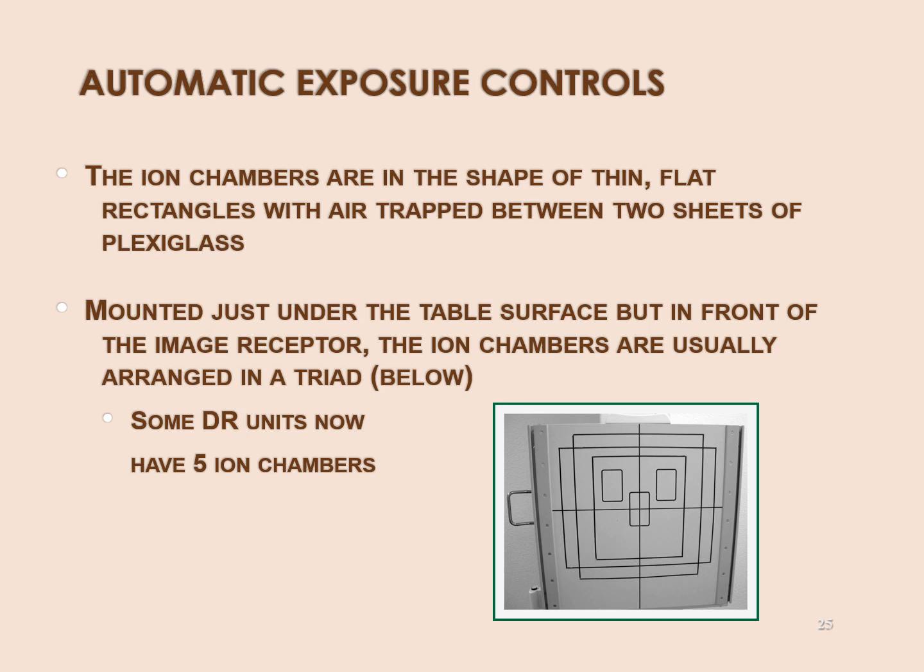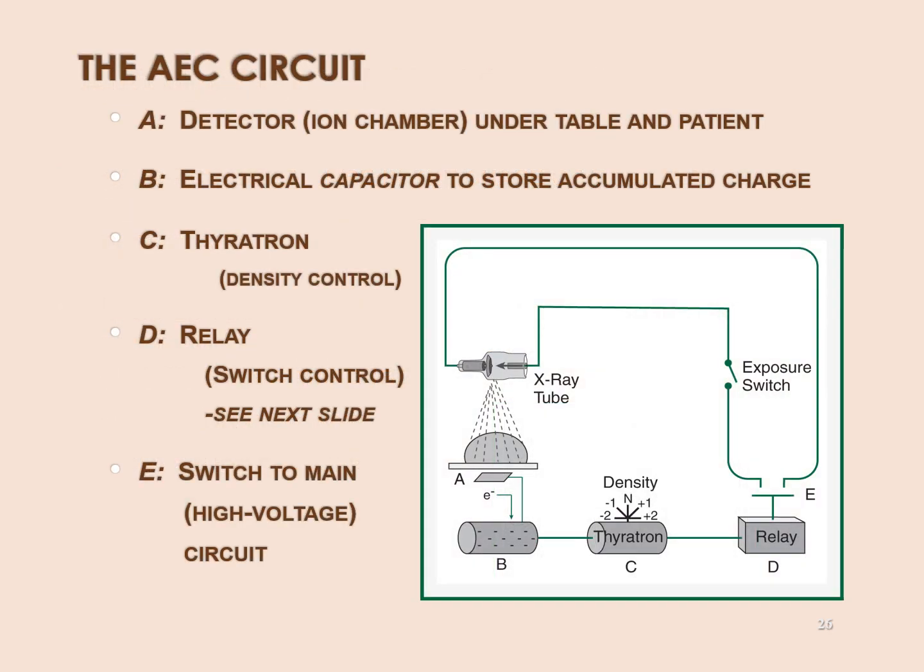Modern DR units can have up to 5 ion chambers. I think GE has a version where they've got 5 ion chambers on their vertical bucky, which is confusing. No one knows how to use 5 ion chambers, so only people who have worked with that particular model of GE equipment do.